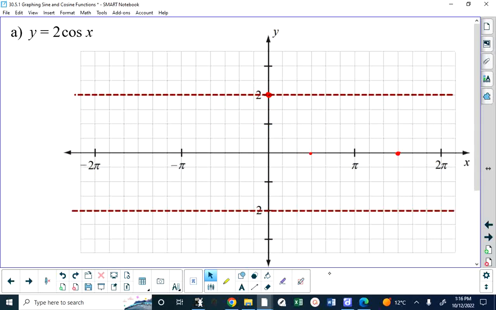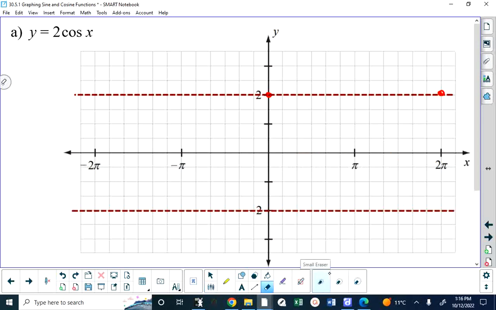Now, what's the period of cosine? 2 pi. What that means is, if it starts at the top, it's going to return to the top at 2 pi. Now, how many of you were kind of trying to follow what I was doing when I picked these 2 points? Okay, so I won't worry about it.